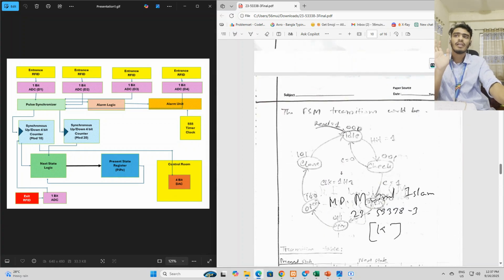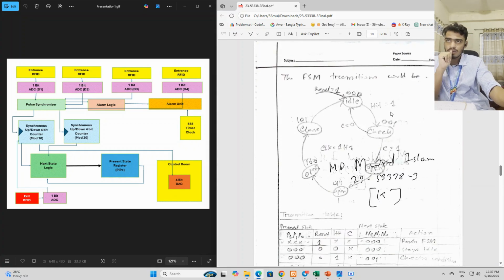Now comes our FSM transitions. This is a state chart diagram. Initially I'm at the idle state. The idle state is encoded with 000, and this is a binary counter: 000, 001 and so on.